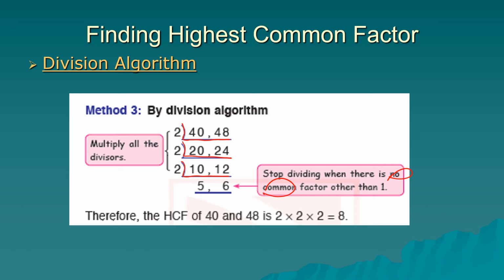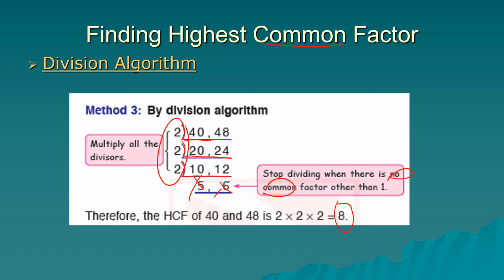And then we are getting all these factors, again, common factors only. This one, nope. Not this one, not yet. And then we are going to multiply all of them. So 2 times 2 times 2 is 8, giving us 8 as our HCF, or highest common factor.